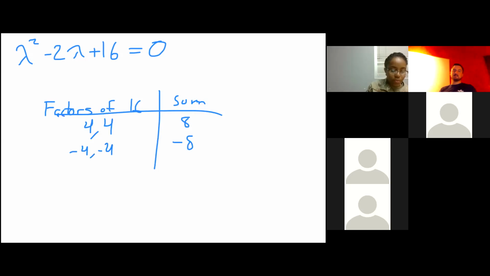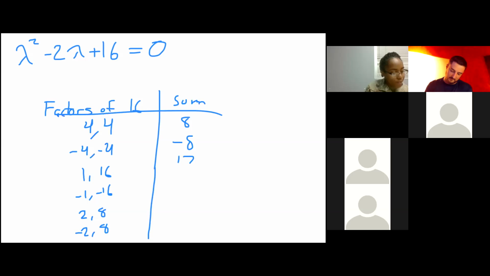What are other factors of 16? All right, so you have 1 and 16, you have 2 and 8, and that's all the factors of 16? Yeah, those are all the factors.